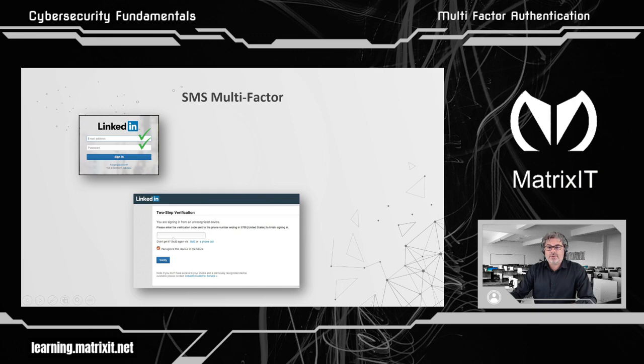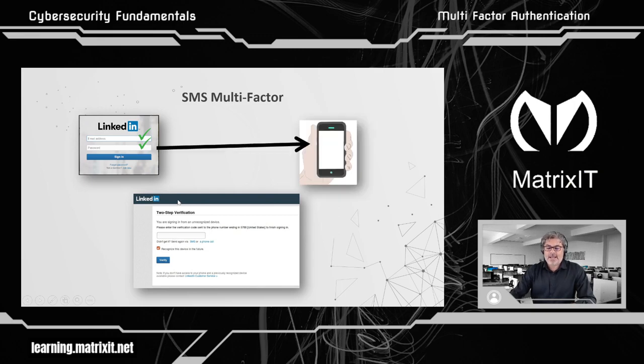I've told it my phone number. It actually sends a text to my phone, and I then put that in the box. You see how this works? LinkedIn didn't recognize me, so it sent a text to my phone, and then I put that into the box.